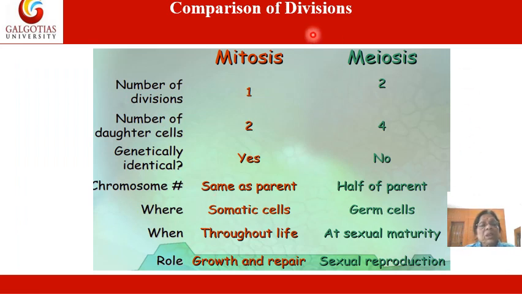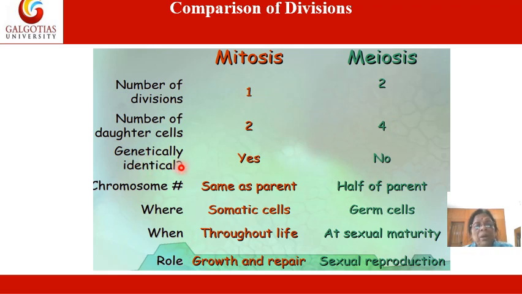This slide is showing the comparison of mitosis and meiosis. The number of divisions in mitosis is 1. In meiosis, it is 2. The number of daughter cells formed in mitosis is 2, but in the case of meiosis, it is 4.